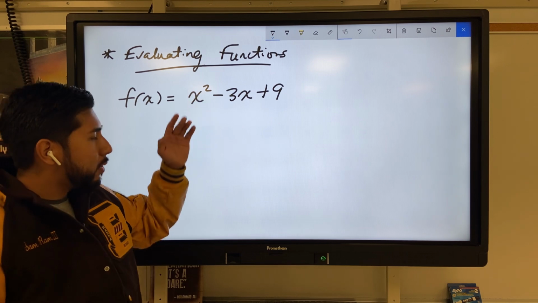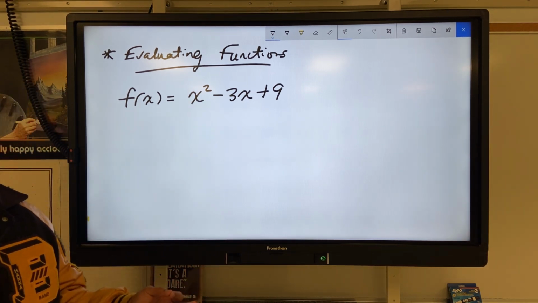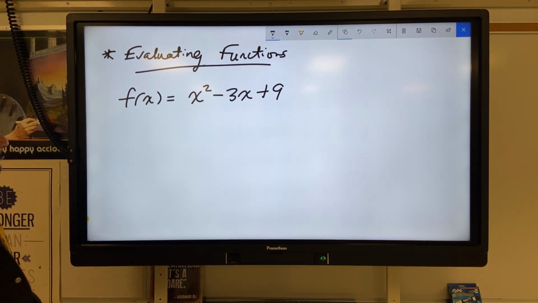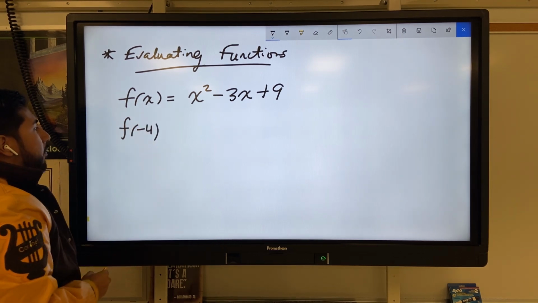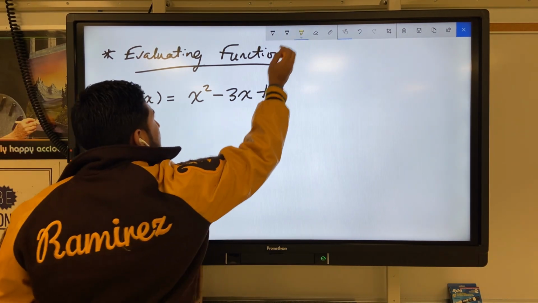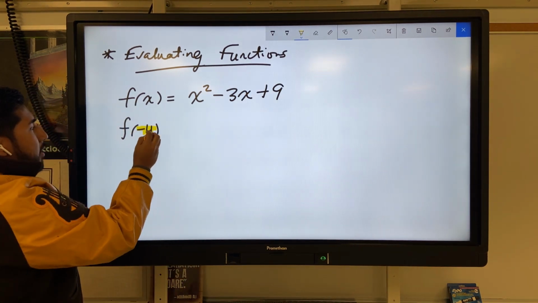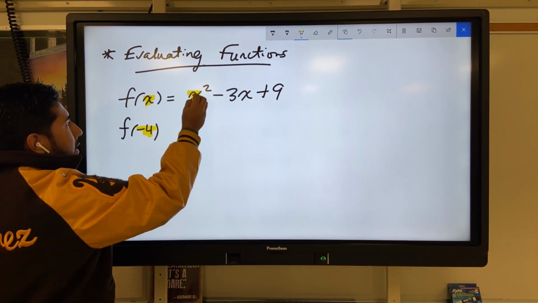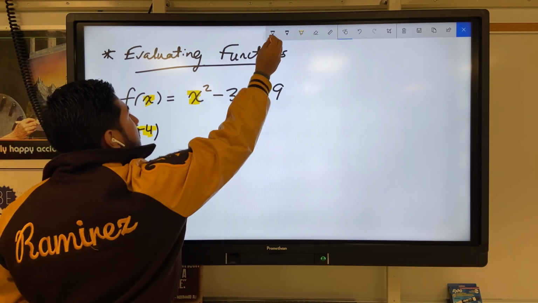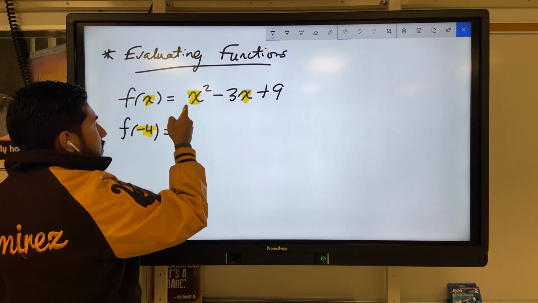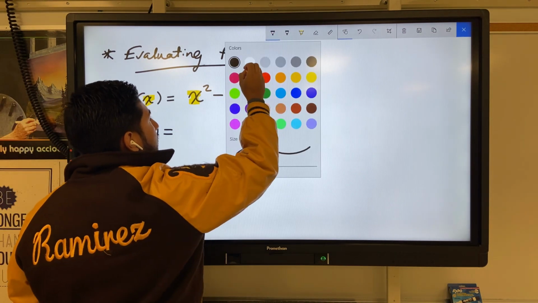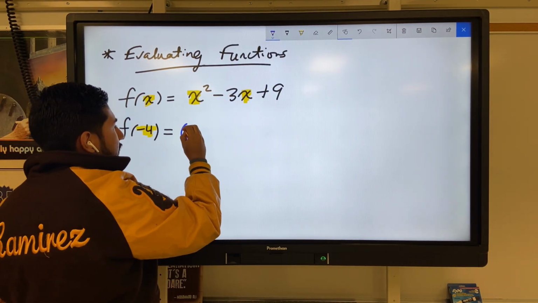We just threw in this square because this is a quadratic function. And we want you to evaluate f of negative 4. So still, this negative 4 represents x. So I still want to put it everywhere I see an x. Equals, instead of the x, I want to put that negative 4.